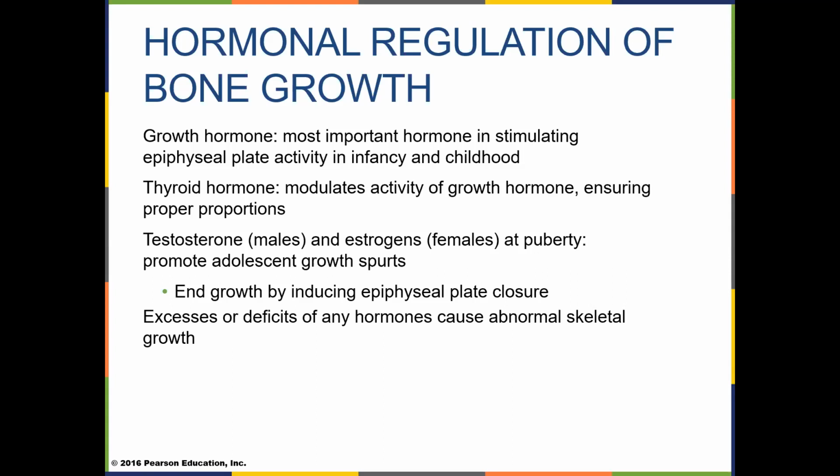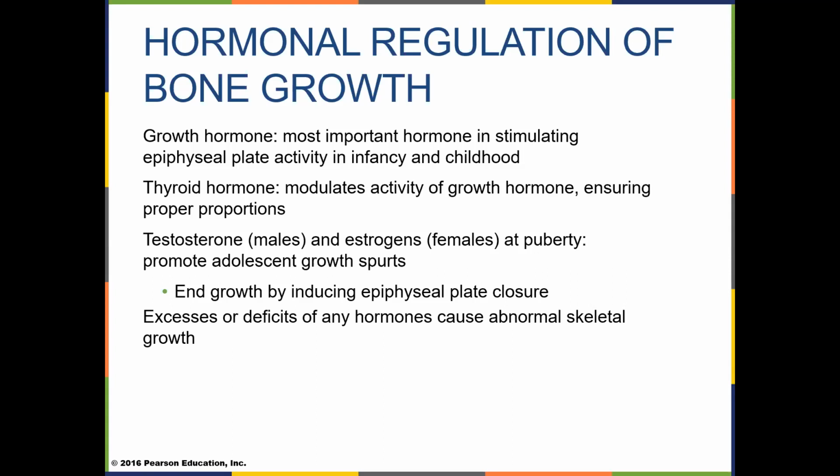So males will reach their adult stature later in adolescence, and it takes longer for the growth plate to close. Whereas with the female's estrogen, you're going to grow to your adult stature, and then it's going to close, and it's stopped.